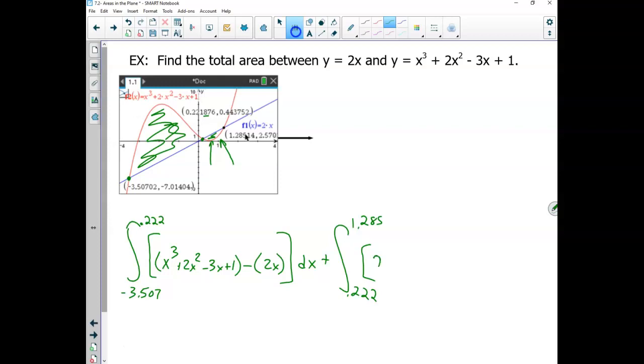So now this one's going to be 2x minus this other one of x cubed plus 2x squared minus 3x plus 1 dx. And I could type that into my calculator. That's one way to go.